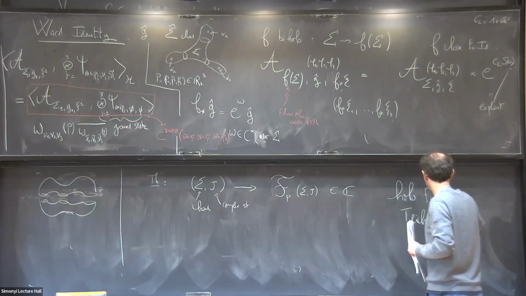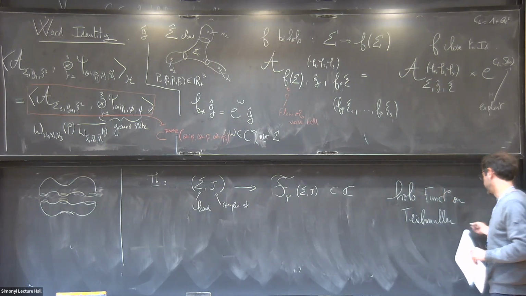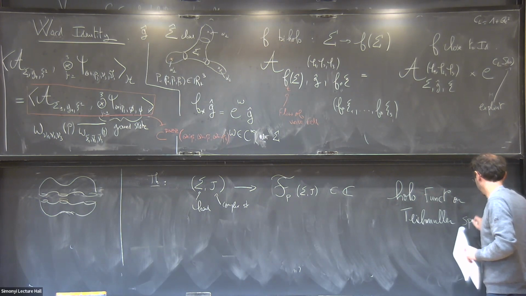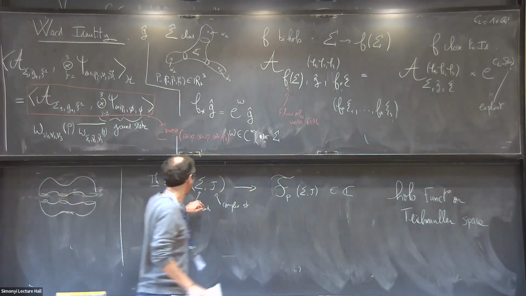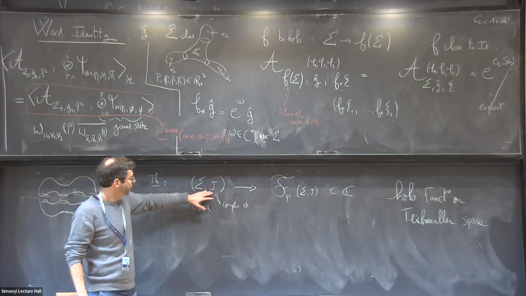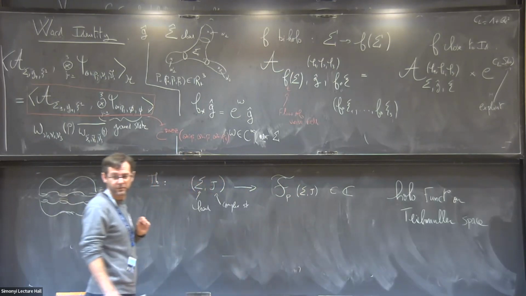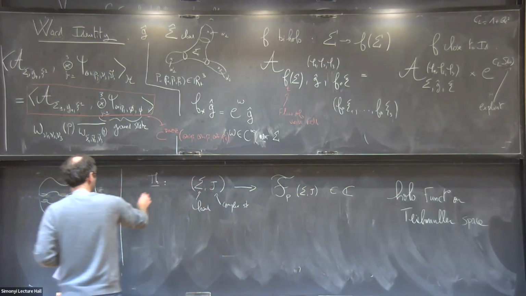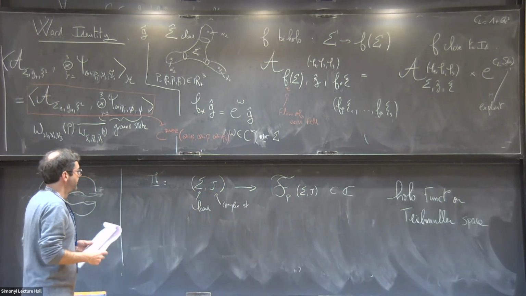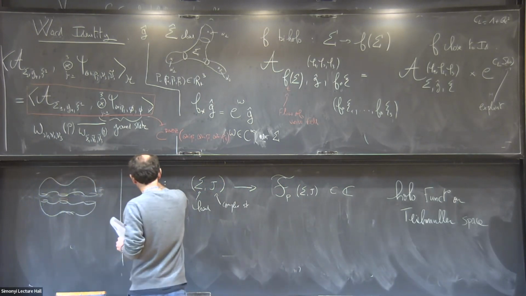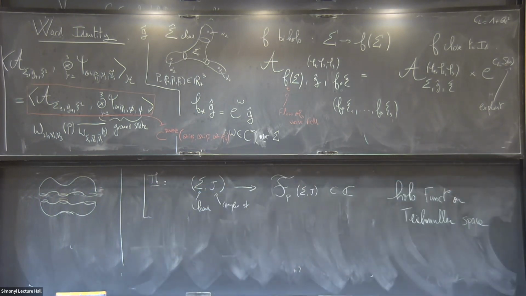The Teichmüller space is the space of complex structure up to gauge, and this is a complex manifold of finite dimension. So the block is going to be actually a holomorphic function. So this is a consequence of our construction. So now, how to really understand more the block and this W coefficient?